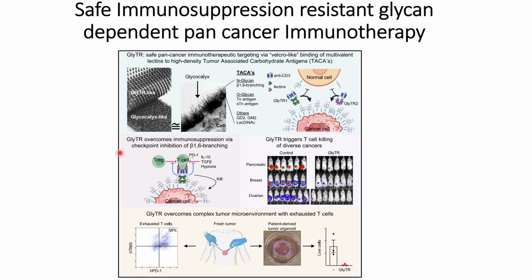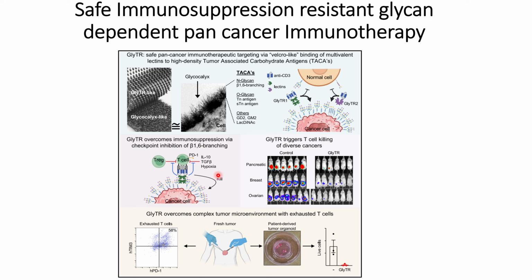One of the other advantages that they have shown is that it can overcome the immunosuppressive tumor microenvironment, that is the T regulatory cells or the immune checkpoint inhibitors through PD-1 interactions, that will be inhibited on these modified T cell receptors, glycan dependent T cell receptors, and it can continue to attack the cancer cells and even overcome hypoxia conditions, TGF beta, interleukin 10, and other immunosuppressive conditions.